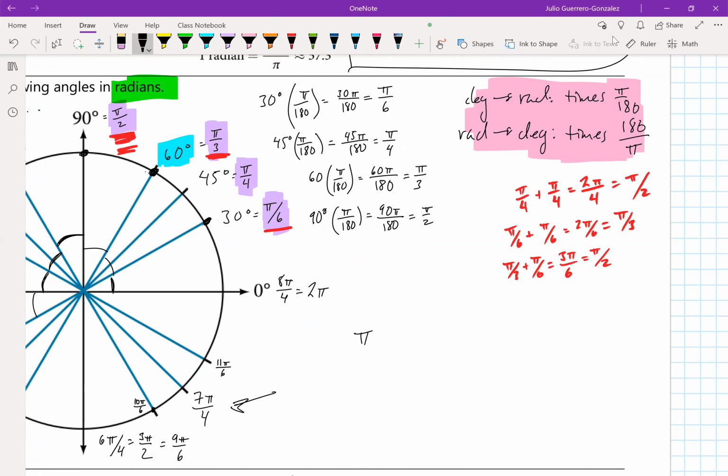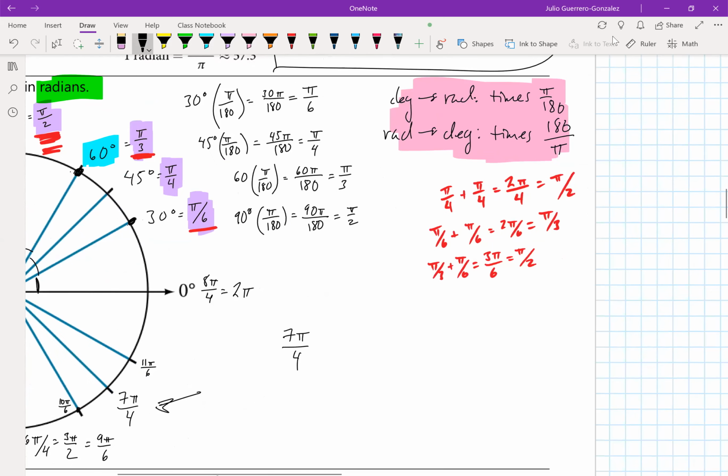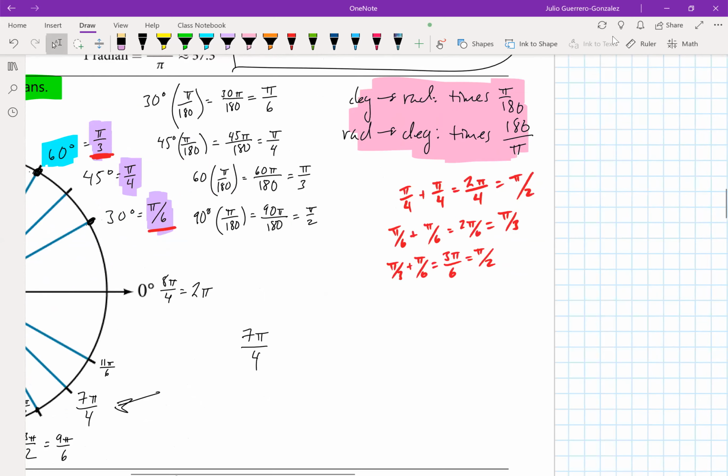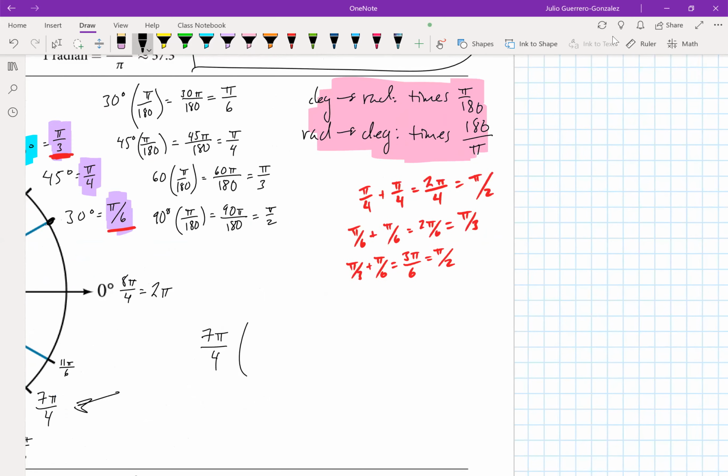So if we grab 7 pi, and I want to convert it, so this is my radian measure, I want to convert it to degrees. Using our little thing that's up there, we need to multiply it by 180 divided by pi, okay?